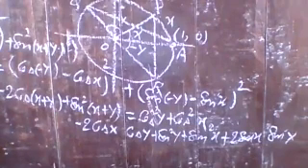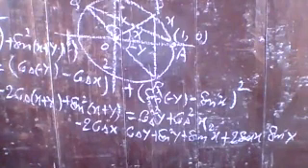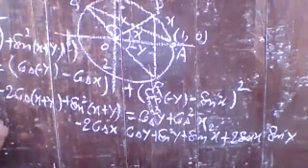Now simplifying: cos square x plus y plus sine square x plus y is equal to 1, and with the other 1, 1 and 1 makes 2. So here you have 2 minus 2 cos x plus y.